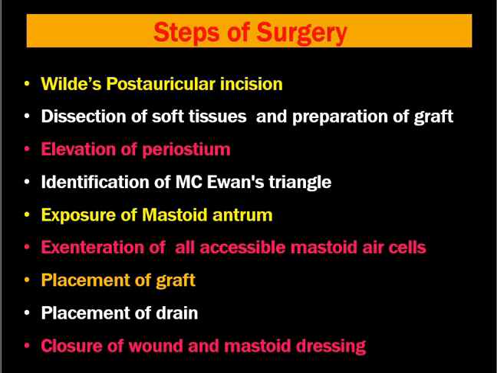McEwen's triangle per se is the surgical landmark for the mastoid antrum, and we expose the mastoid antrum by drilling through McEwen's triangle and exenterate all the accessible mastoid cells. This is very important, all accessible cells. And we keep the graft, keep a drain, close the wound and perform mastoid dressing. The advantage of mastoid dressing is to keep the wound safe and to decrease hematoma formation.